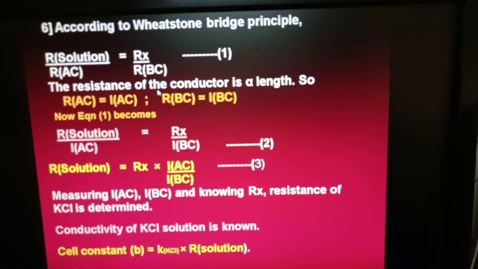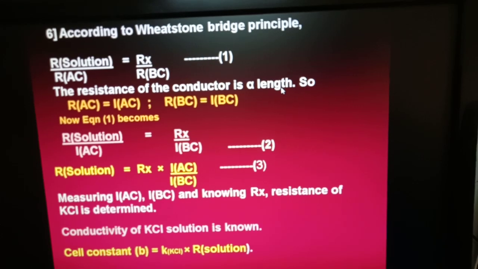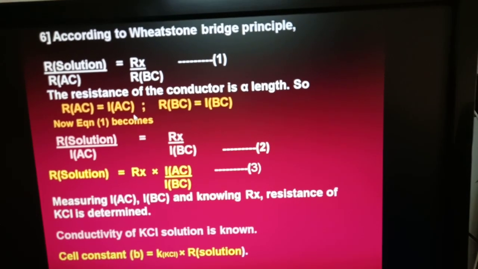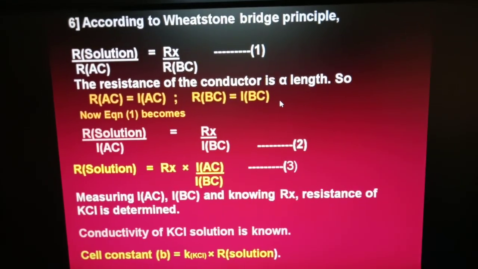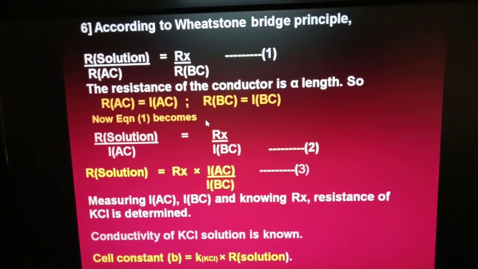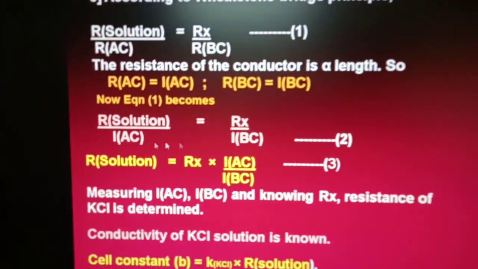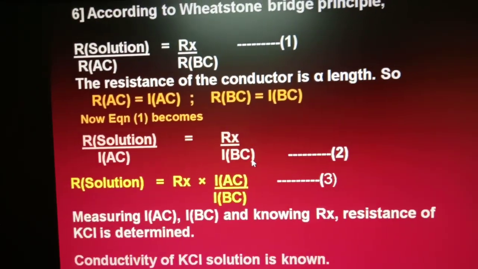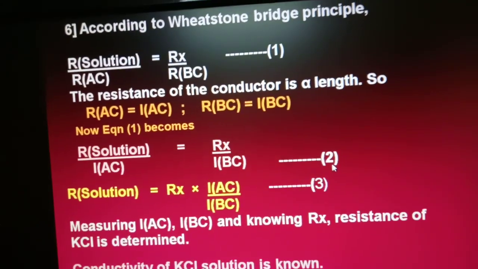Now you know that resistance of a conductor is directly proportional to length. So resistance of AC is proportional to length AC and resistance of BC is proportional to length BC. So equation 1 becomes resistance of solution upon length AC is equal to Rx upon length BC. Let us call this equation number 2.